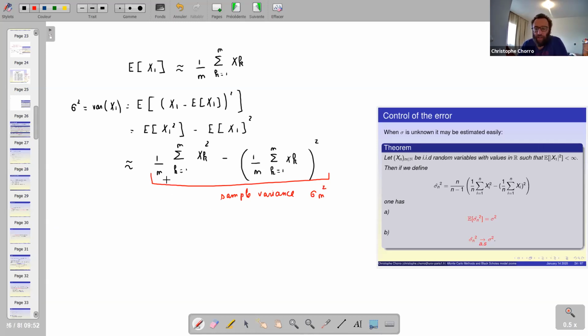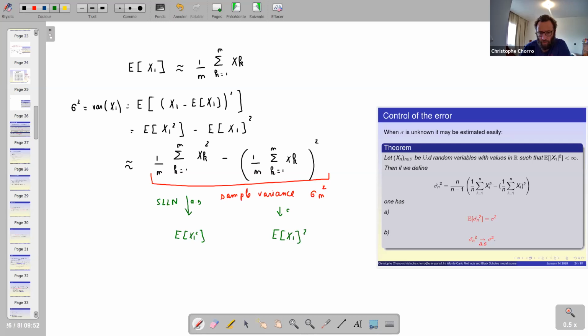Of course, by the strong law of large number, this one converges toward the expectation of x1 square, and this one, because I have the almost sure convergence of the previous one, and you know that the convergence almost sure is stable if I apply a continuous mapping, the square mapping, converges toward the square of the expectation of x1.